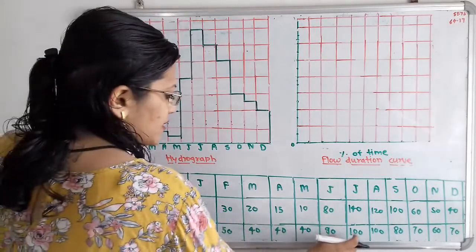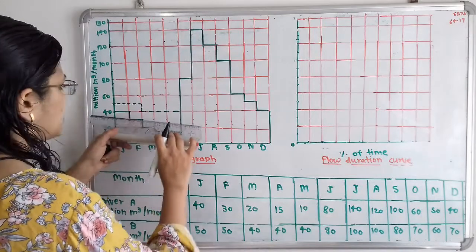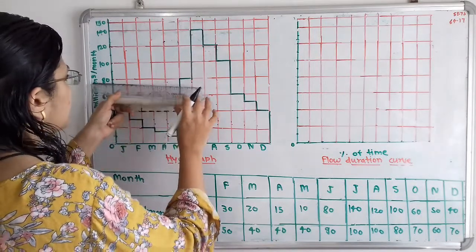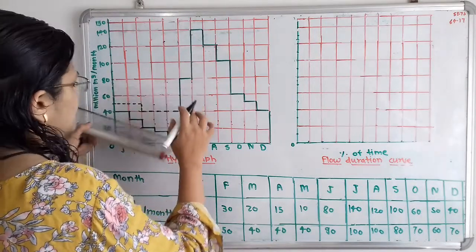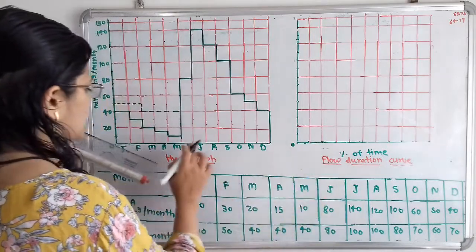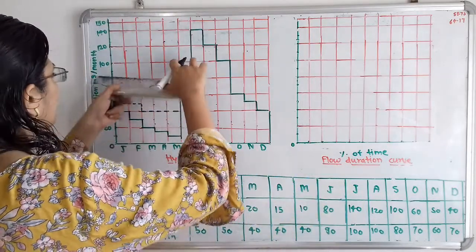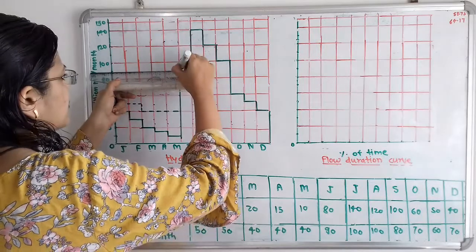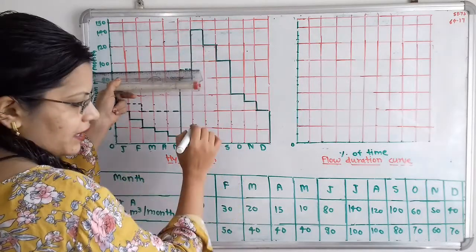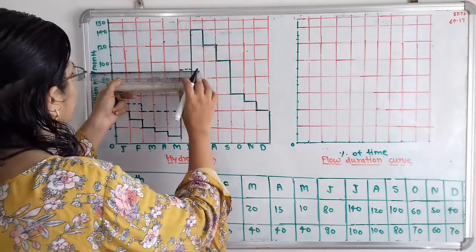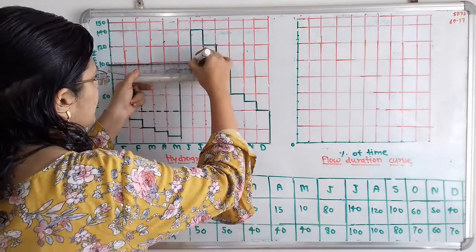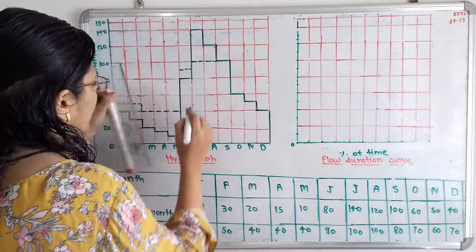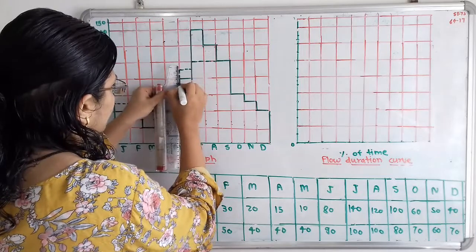Then 90, 100, 100. Next we have to move to 90, that is for the month of June, so we have to plot here. After 90 it is 100, 100, so 2 months 100 is there. I will join this line with this.